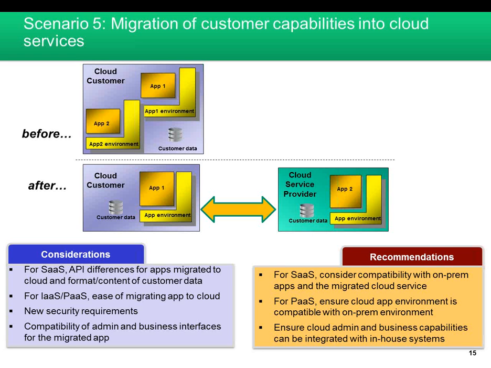And finally, check compatibility of your administration and business capabilities that you're running in-house. If necessary, you may have to buy new because you didn't have it before, or you need to have additional adapters for those systems to connect to the cloud service and the capabilities that are being provided there.